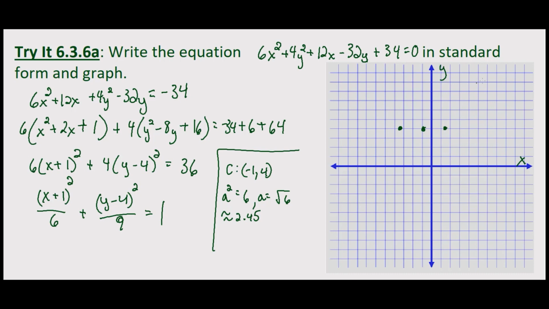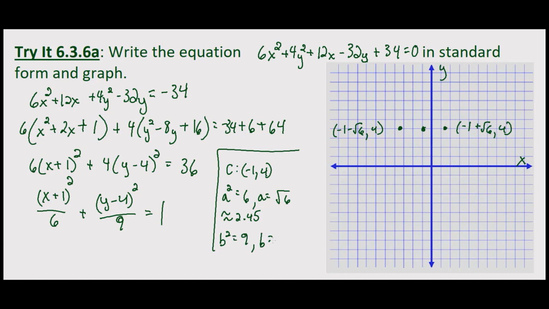And then we go on to b squared equals 9. So we have points at negative 1 plus the square root of 6, 4, and negative 1 minus the square root of 6, 4. That's for our horizontal axis.